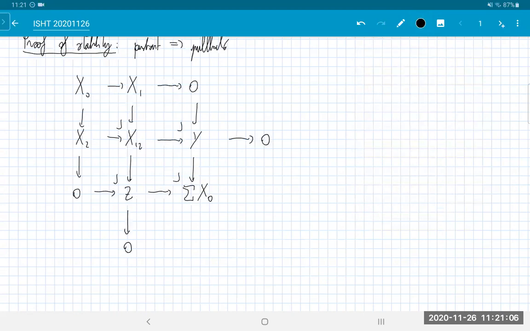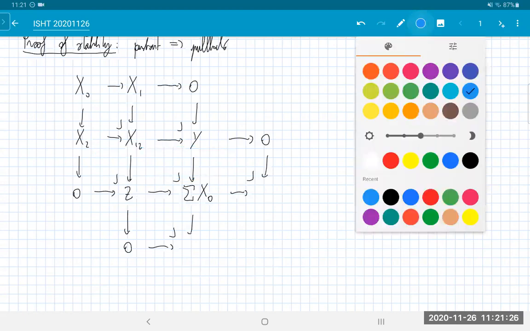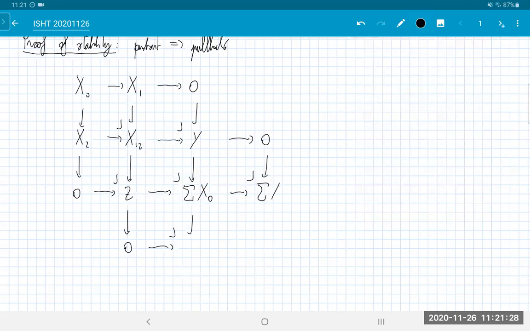Let's add this and let's take the push-outs here. Okay, what are the push-outs here? Well, for example, here, this is the same thing as taking the push-out of this big square. So this guy is called sigma x2.